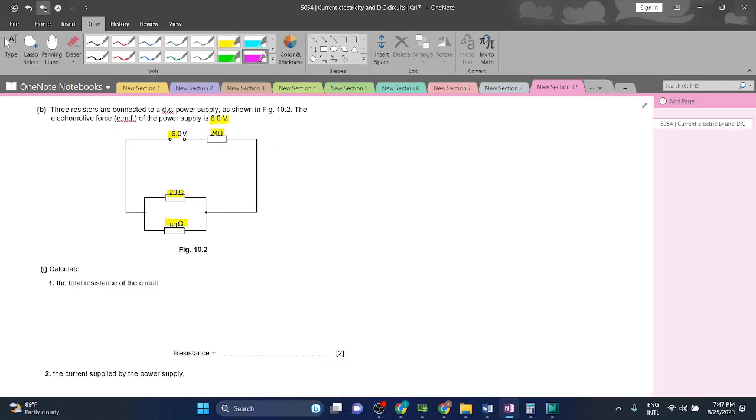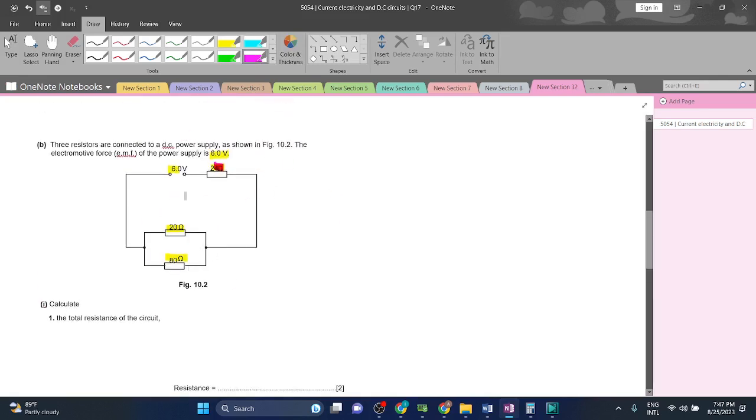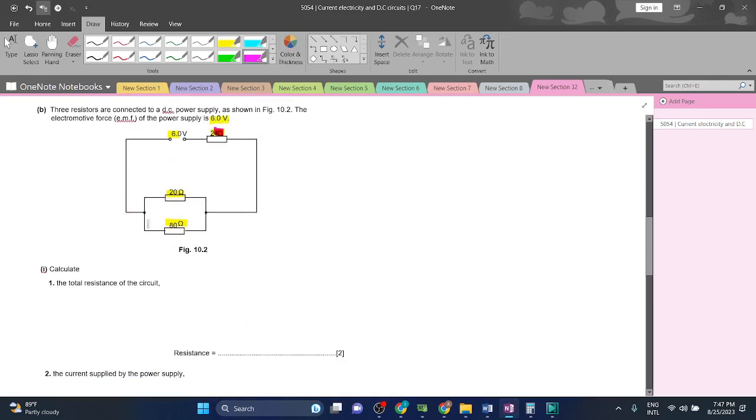The total resistance will comprise the 20 ohm resistor and the 80 ohm resistor in parallel, and the 24 ohm resistor in series. If we add these three we will get the answer. But firstly, in order to add this parallel configuration to the series configuration, we will have to calculate the total resistance in the parallel configuration.